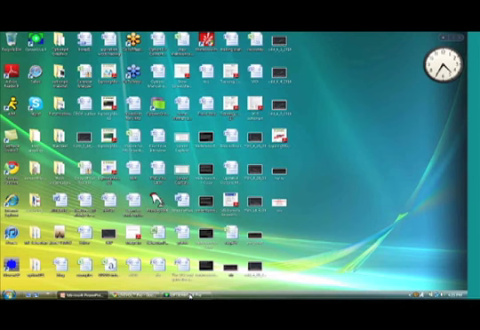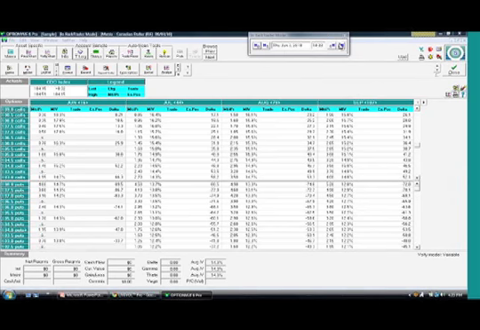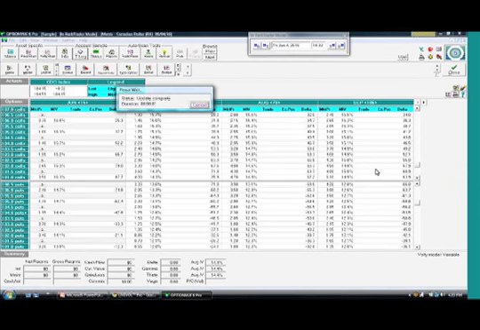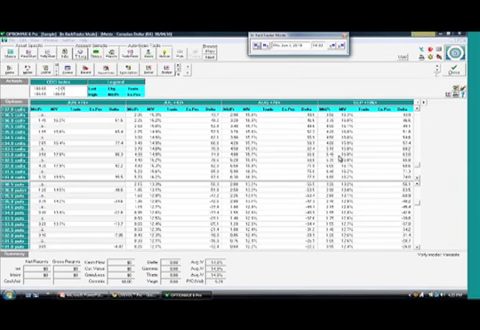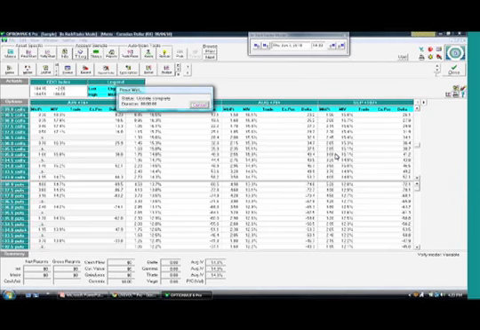Here's the 3rd, and here is the 3rd when we're sitting at 104, all right?